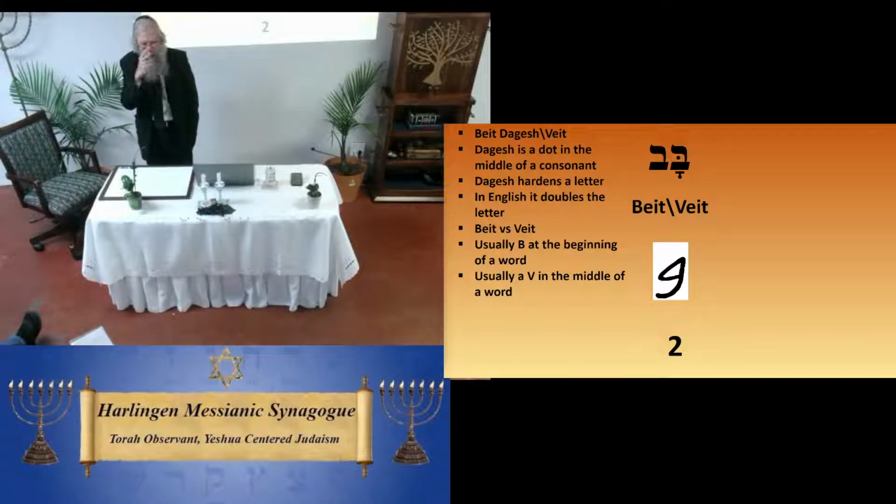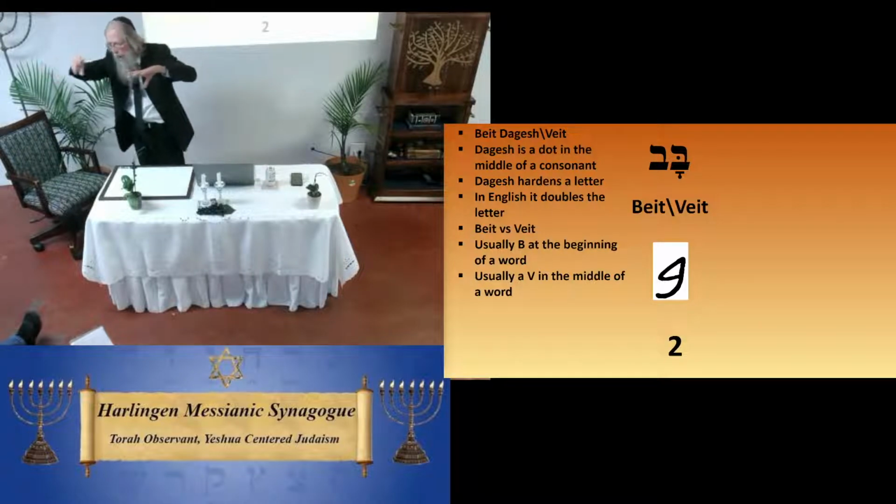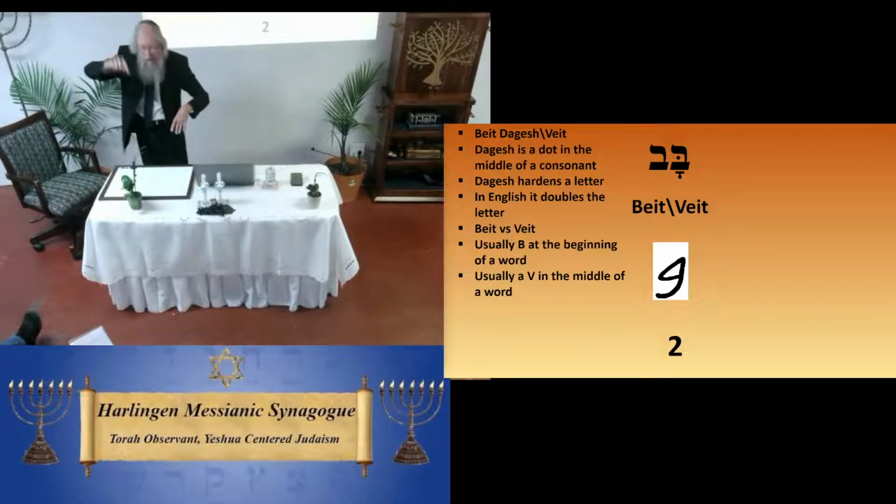So when you're reading and you see the B, usually in the transliteration it will be a B with an apostrophe after it, as in Bereshit. You'll see in a little bit. B apostrophe Reshit. Because Bereshit does not mean beginning. Bereshit means in the beginning. Reshit means beginning.